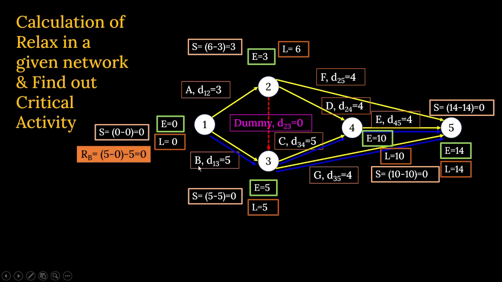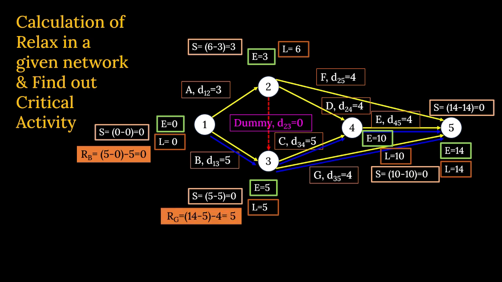Now relax of B, that means B is the activity. Relax is latest finish time minus earliest start time, that is 5 minus 0, that is the time provided, minus the duration. Duration is 5, so the relax of B is 0. Done. You got it?